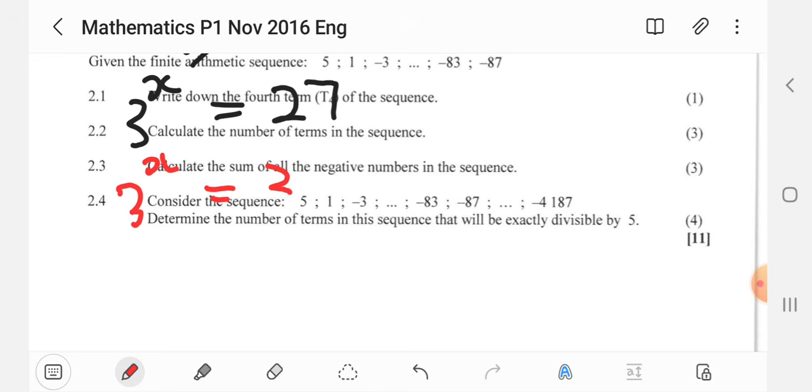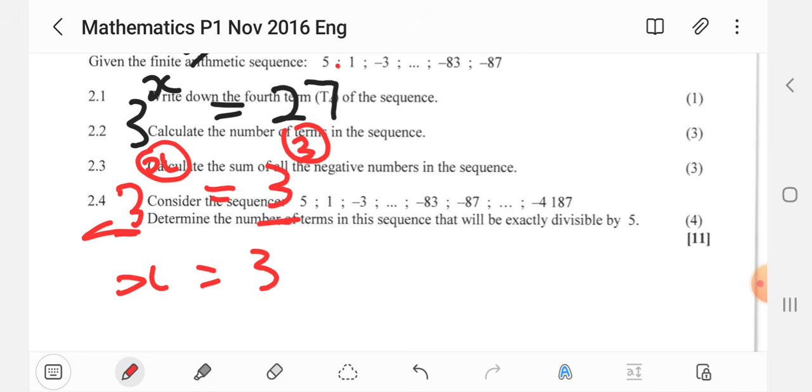We will say 3 to the power of 3. Just go into a calculator and say 3 to the power of 2, 3 to the power of 1, 3 to the power of 4. Just find a number that gives you this side. So we have 3, so we will have x equals 3. We just take those exponents because the bases are the same. Okay, and that's how we do that one.